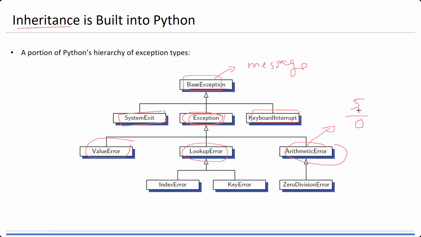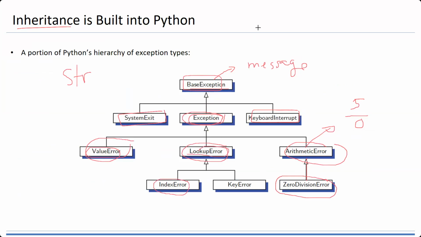Okay, so this is arithmetic errors. That's why one of the classes is ZeroDivisionError. ValueError means if you include some values on the string object, this is a value error. LookupError, we have the IndexError.